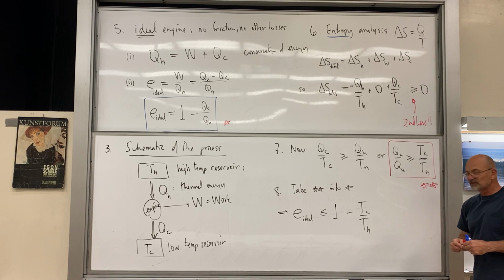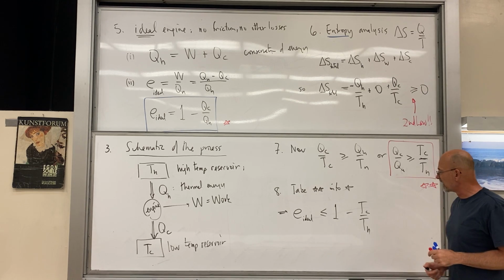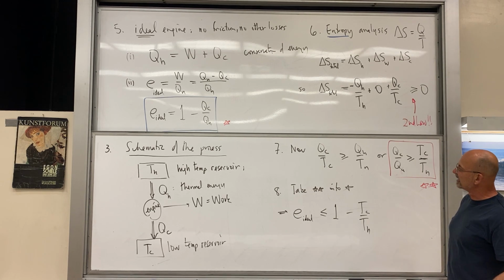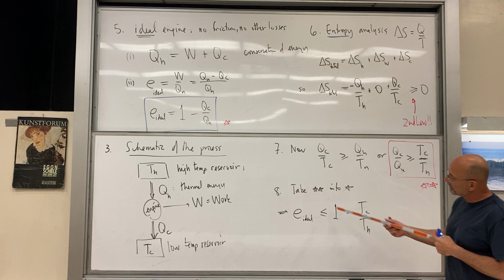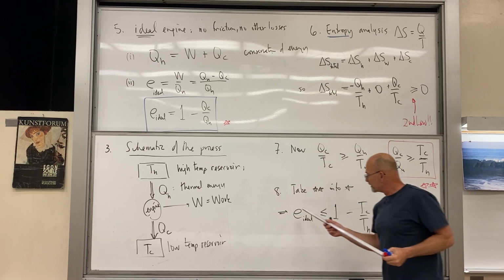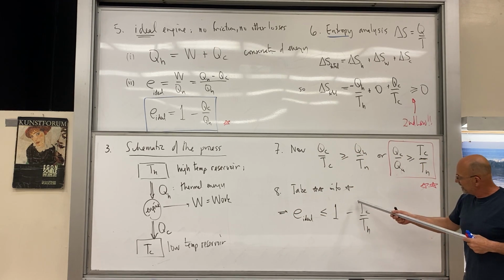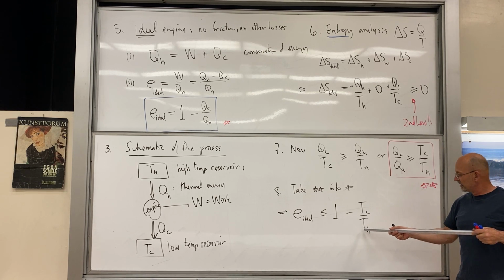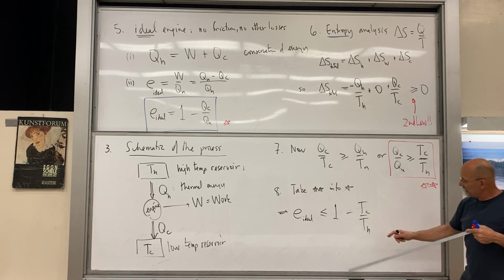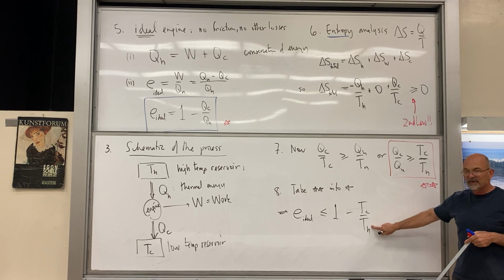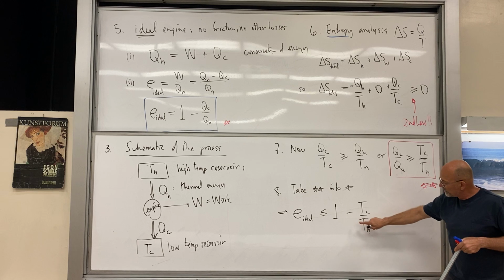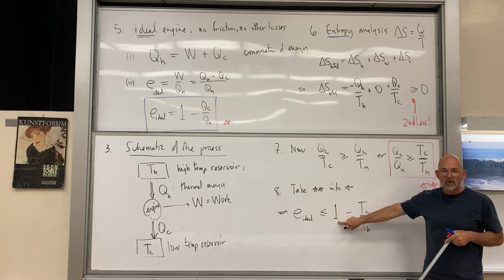And that's the grand result I wanted to show you guys. I have to convince you how important it is. The efficiency of an engine, and there's our engine here, depends on what? The ratio of the operating temperatures. Apparently, the larger you make this denominator, the smaller this part that you're taking away from the 1.